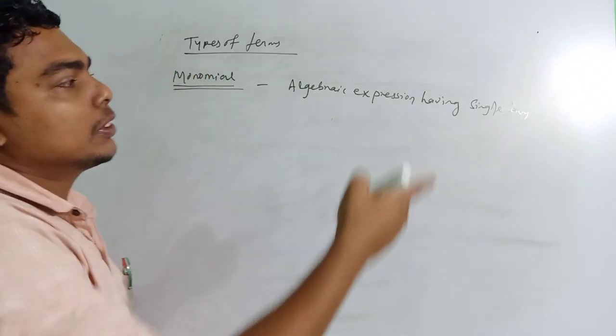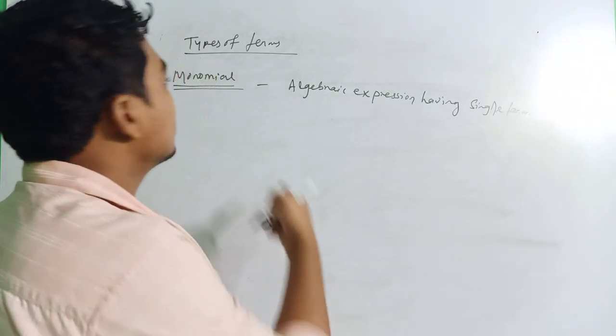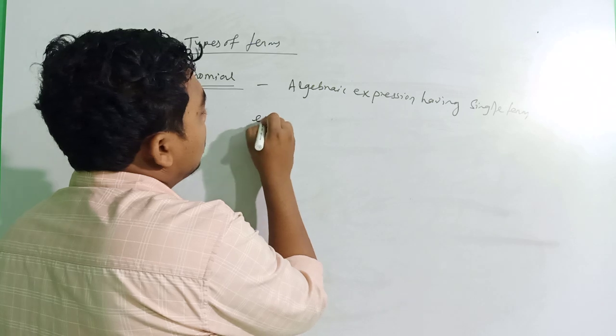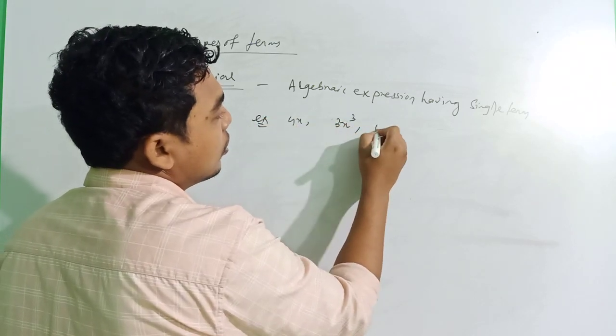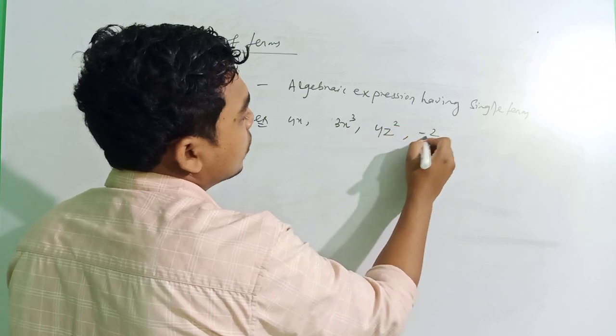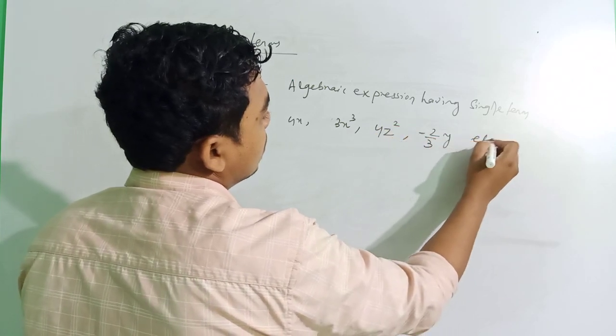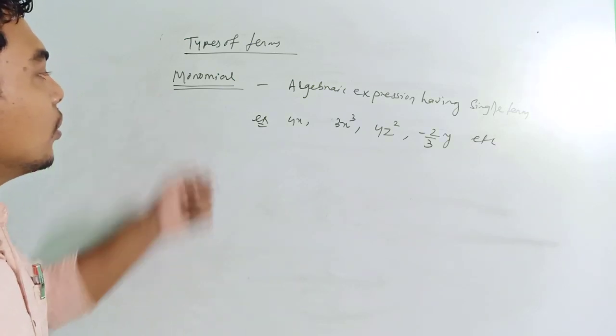An algebraic expression having a single term is known as a monomial. Example: 4x, 3x cube, 4z square, minus 2/3y, etc. These are monomials.